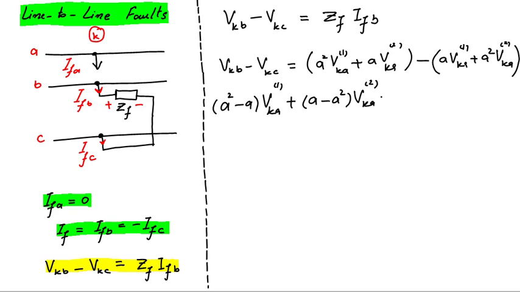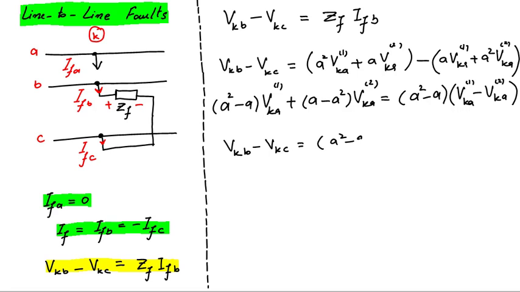So we can write it as (a square minus a) into (VK positive sequence minus VK negative sequence). Now we can write the final result: VKB minus VKC is equal to (a square minus a) into (VK positive sequence minus VK negative sequence).